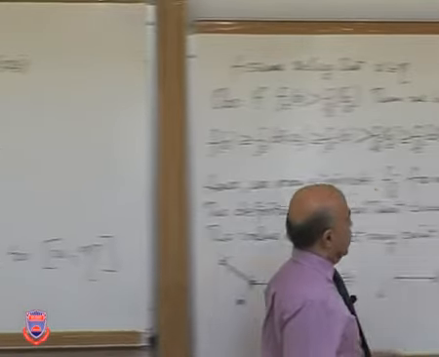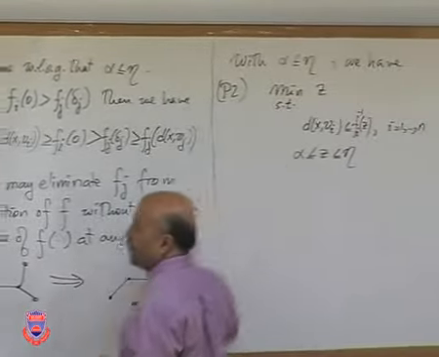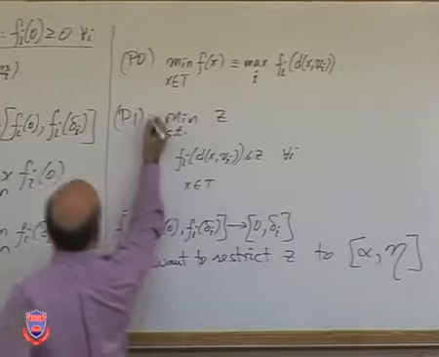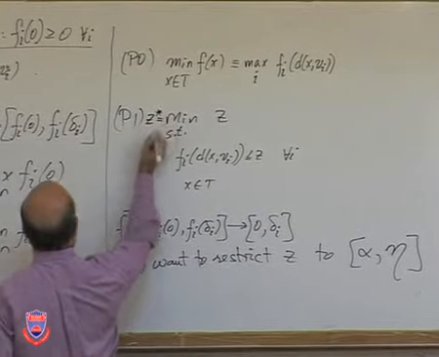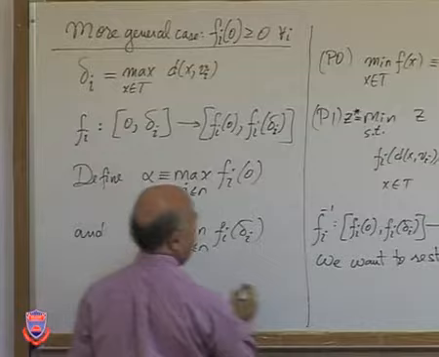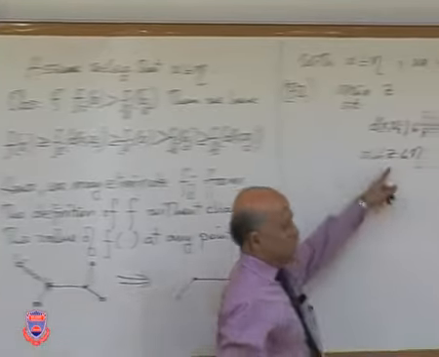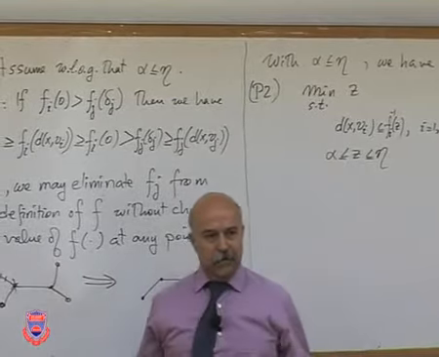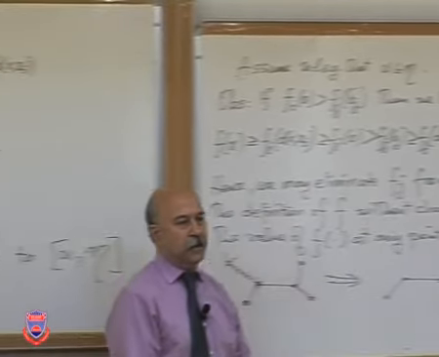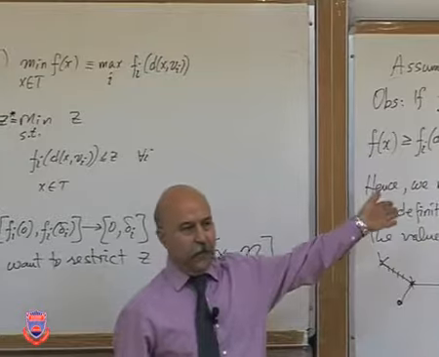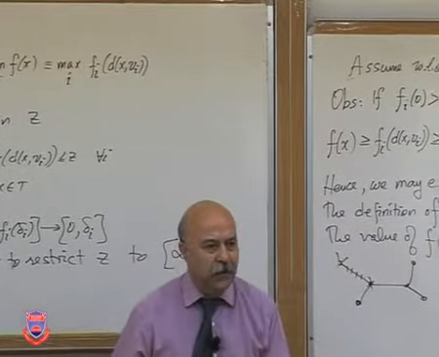The problem is, how do I know that the minimizing value here, z star, is indeed going to be in this range? Can anybody justify that? Well, if z star is going to be in that range, of course, then I'm not doing anything wrong here.